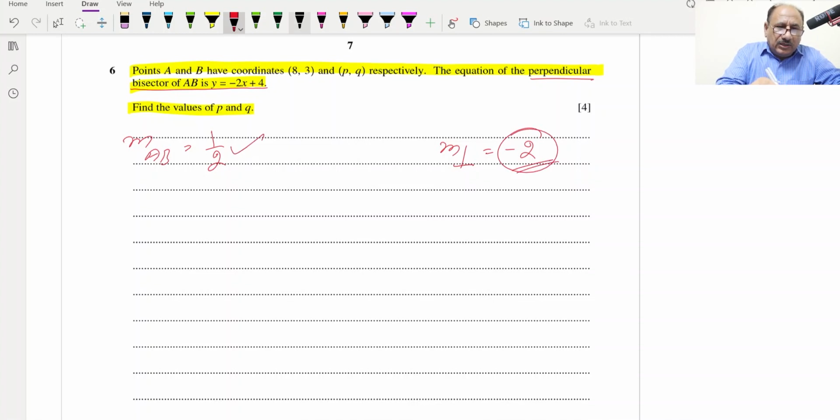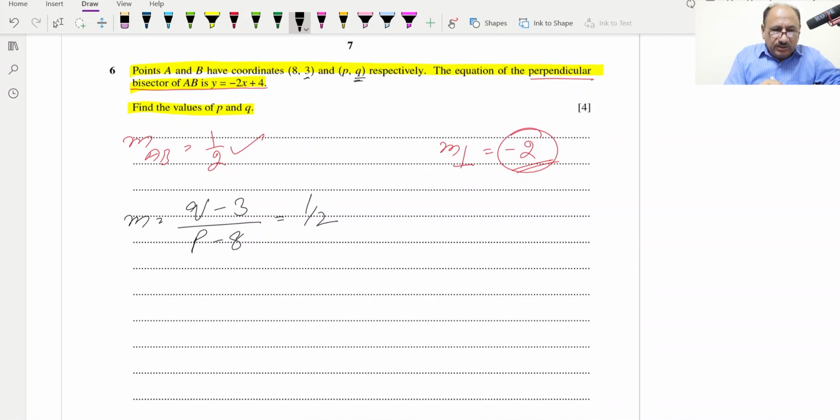Now we can write the gradient equal to y2 minus y1, so q minus 3, y1 is 3, over x2 minus x1, so p minus 8, and this is equal to 1 by 2.